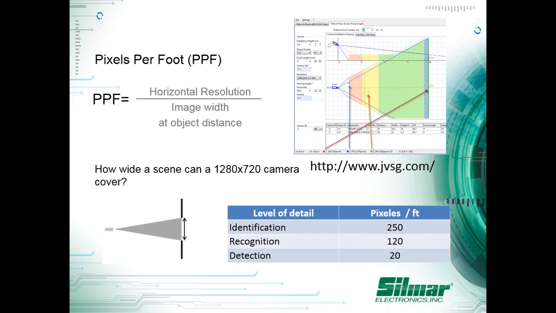So how do you calculate pixels per foot? Pixels per foot are calculated by the horizontal resolution of the camera, in the case on the bottom, 1280, divided by the image width at the object itself. That one's a little bit harder to explain.